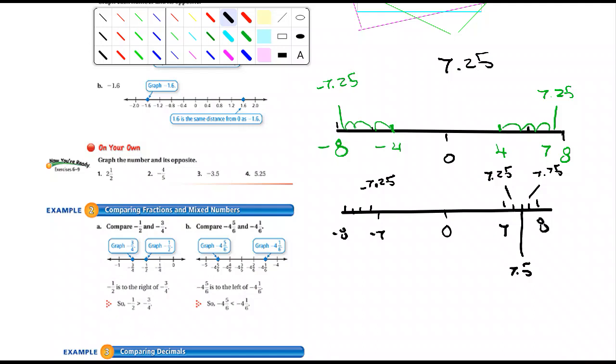Now, again, let me explain something to you guys. This is not to scale, and that's okay. Now, some of you may not know what I mean when I say not to scale. Is it because the 7 and the 8 and the 0 aren't placed how they really would be? How they really would be. Because take a look at this for a moment. Look how far, 1, 2, 3, 4, 5, 6, there's -7.